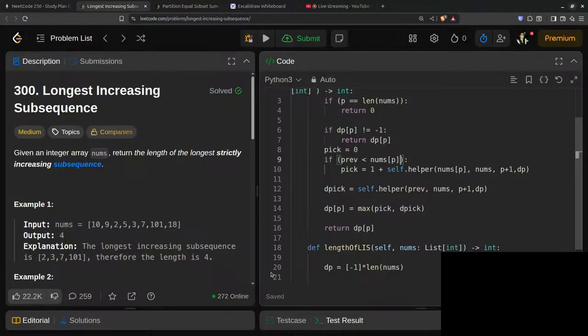How is this true? What is happening here? If pick is 7, so here you are setting pick dp7 is equal to 0, correct?